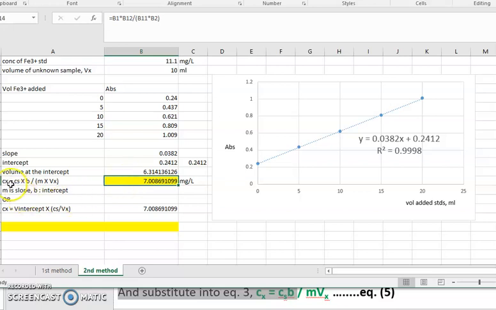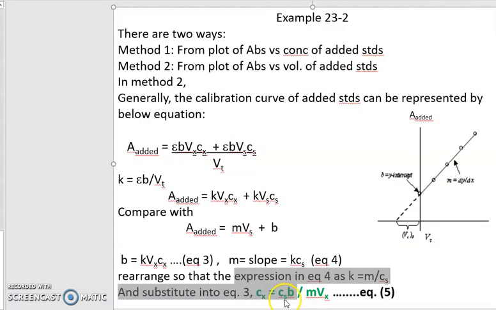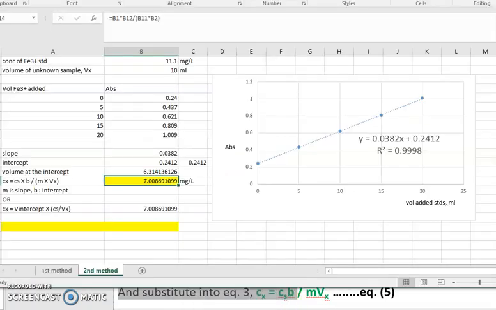From the equation, the concentration of the analyte in the sample equals CS, which is the concentration of added standard, in this case the stock represented by B1, multiplied by B12, which is the intercept.